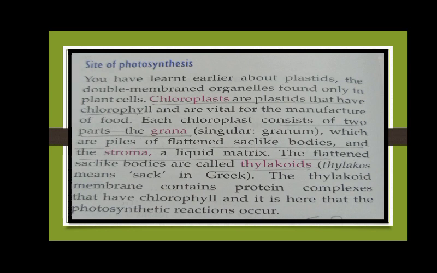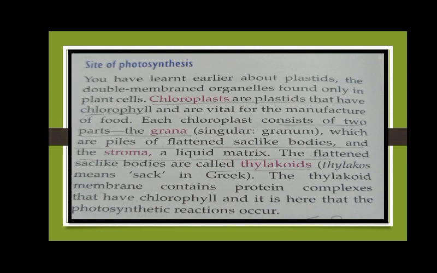Chloroplasts have chlorophyll, and chlorophyll is very important for manufacture of food. Now if we come to the structure of the chloroplast, it consists of two parts, grana, and singular is granum. These are piles of flattened sac-like bodies, as if placed one upon the other.